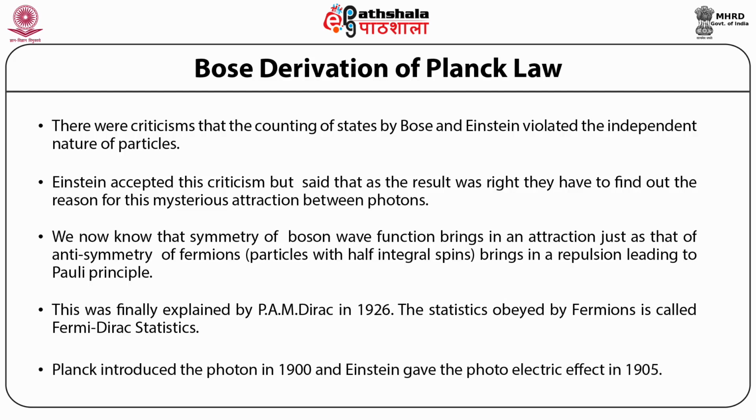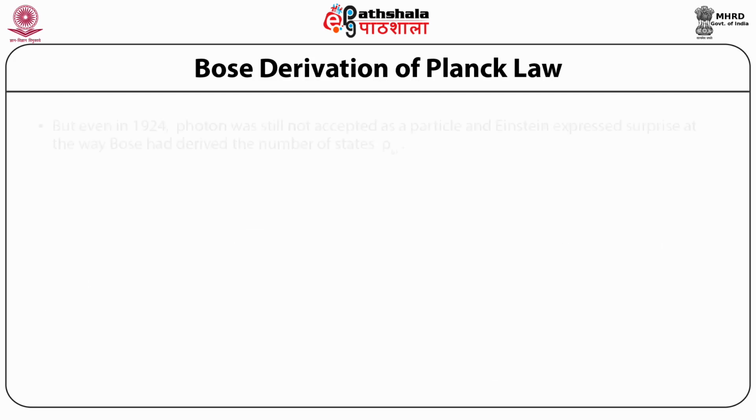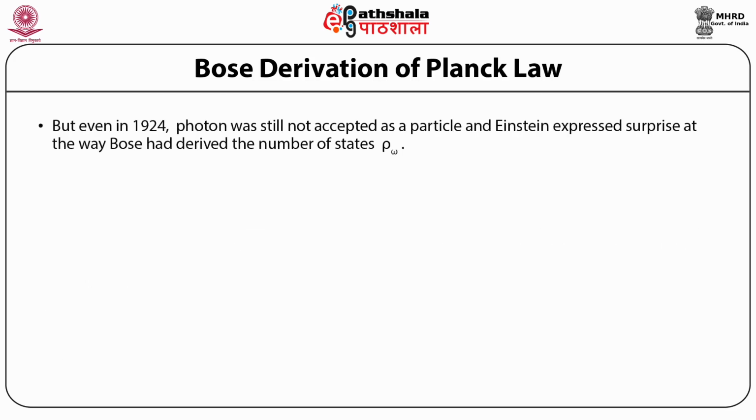Planck introduced the photon in 1900, and Einstein gave the photoelectric effect in 1905. But even in 1924, the photon was still not accepted as a particle, and Einstein expressed surprise at the way Bose had derived the number of states rho omega. It took a long time, 27 years, for the dual nature of light to be accepted.